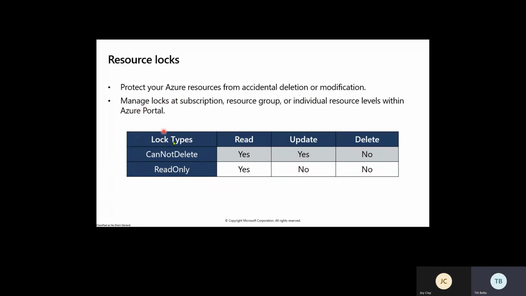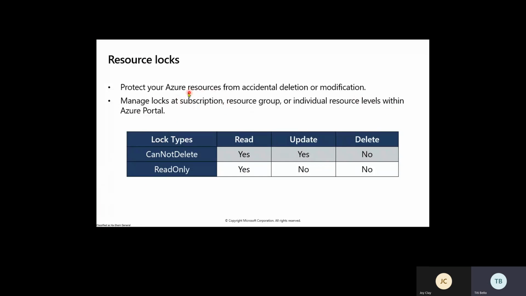Now, talking about what type of resource you can actually apply a lock on. You can apply a lock to any form of resource. You can apply it at subscription level, at resource group level, or to individual resources themselves.